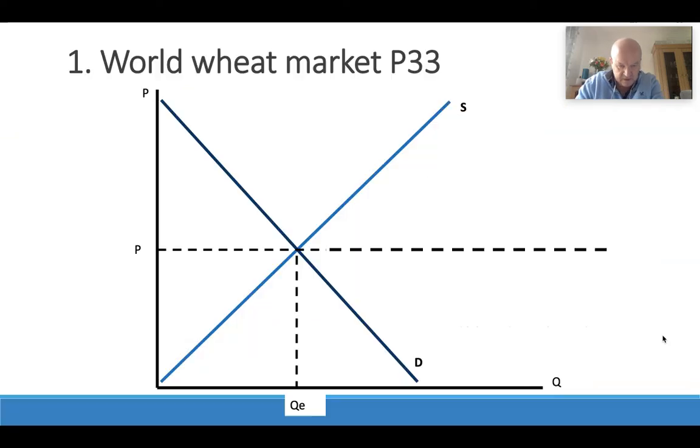So effectively there we have a market price created by the world market, and that market price is P at quantity QE. That's where supply and demand in the world market meet, where we're at equilibrium, and the price is then determined at P.